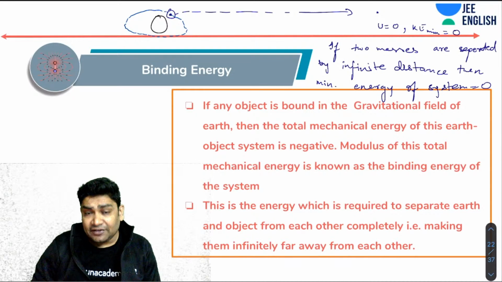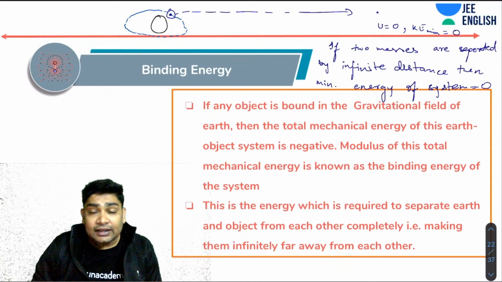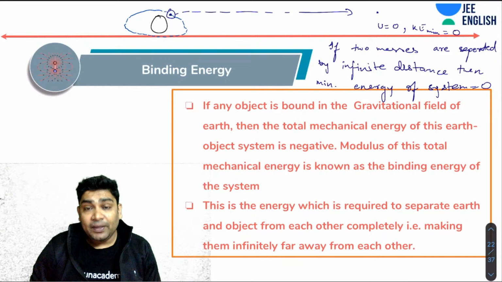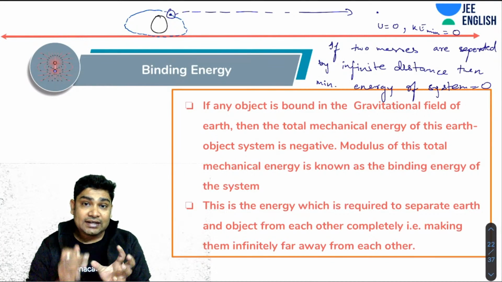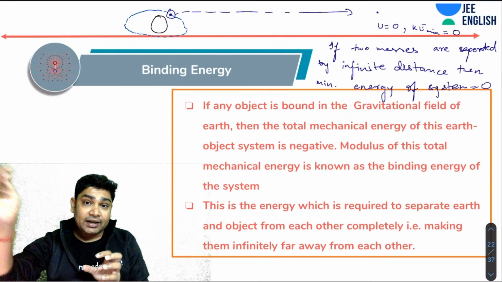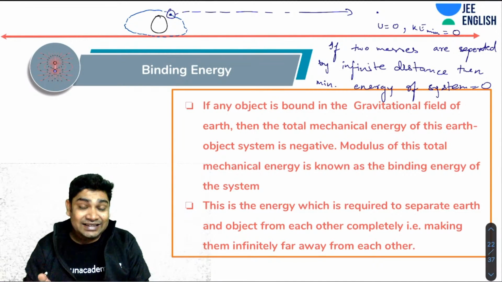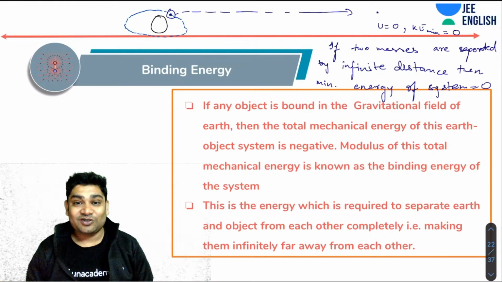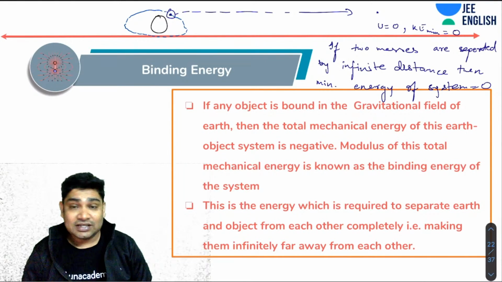Now, if something is bound to a gravitational field, then the total energy would always be negative, because being bound to a gravitational field implies that this object cannot reach infinity. If it cannot reach infinity, then it has to have energy lesser than the minimum energy required to reach infinity. At infinity, the minimum total mechanical energy is 0.